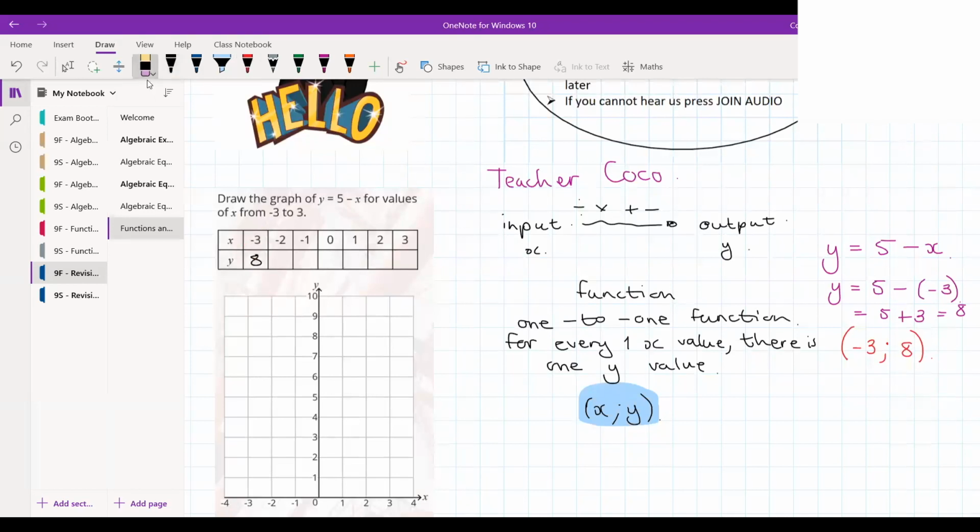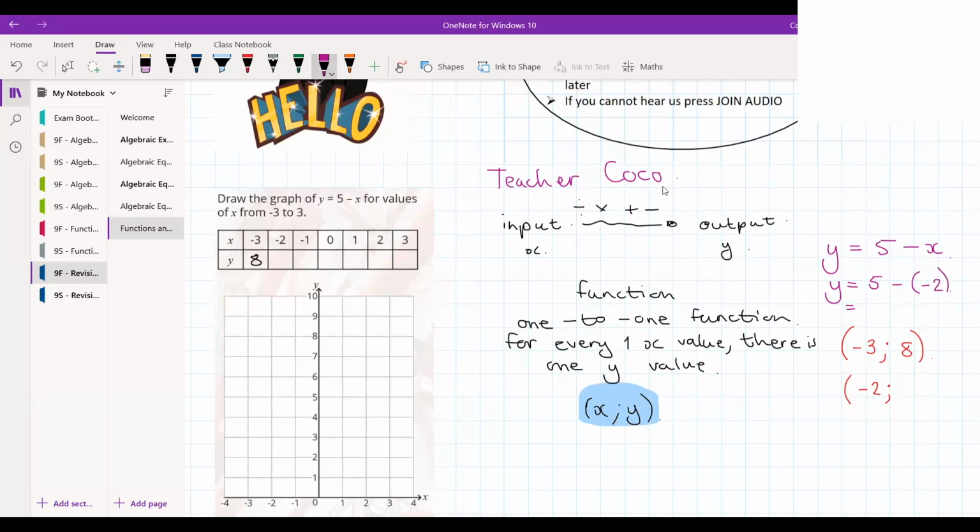All right, let's try the same with -2. Now, before I even get started, I'm going to write it out as a coordinate. I'm going to start with my X value. I'm going to open brackets, -2, semicolon. Then we're going to go back into the original, and we're going to replace X with -2. So we're going to get Y is equal to 5 minus, and then I see X here, so I'm going to open brackets, -2.